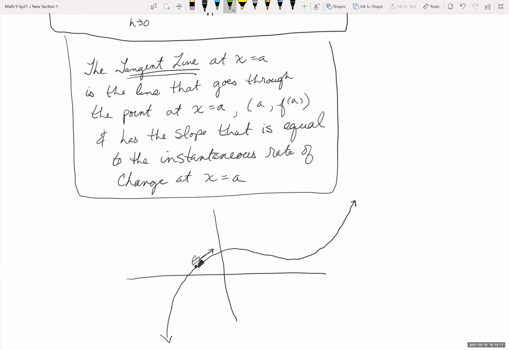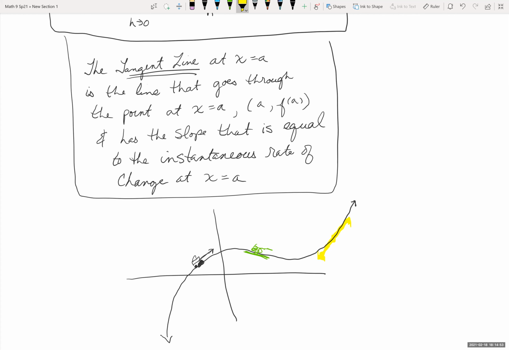If I was driving over here, always going left to right, funky car, my car is not pointing the right way. It's going to be pointing this way. If I'm at this point, my headlights would be pointing this way. If I came over here and I was driving, my headlights are going to be pointing upwards.